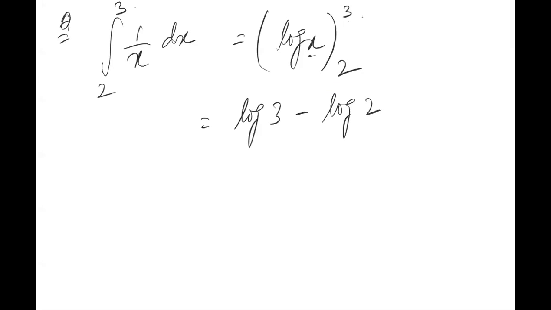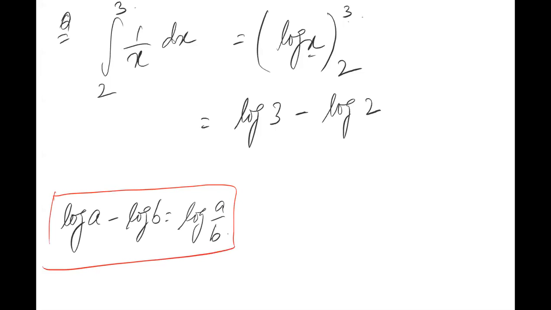You may be aware that there is a property of log: if you have log a minus log b, it can be written as log a by b. This is a formula which is taught in class 10th in ICSE, but in CBSE, I don't think logarithm is a chapter in the syllabus.